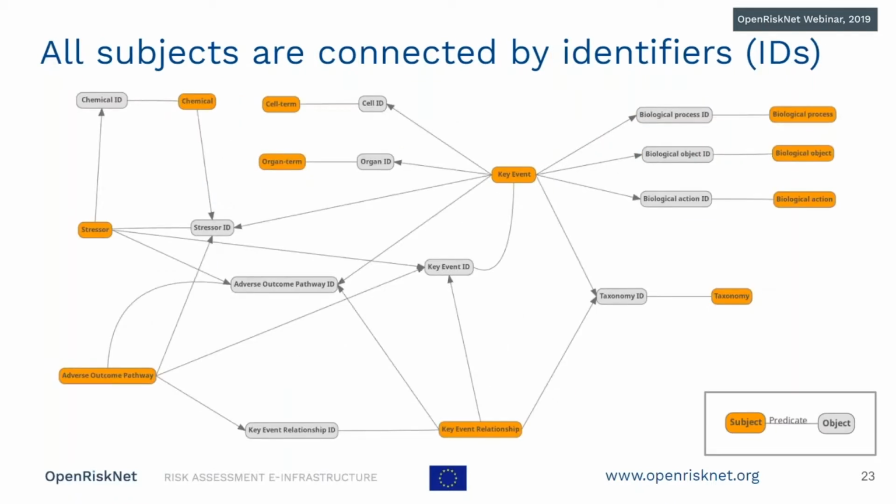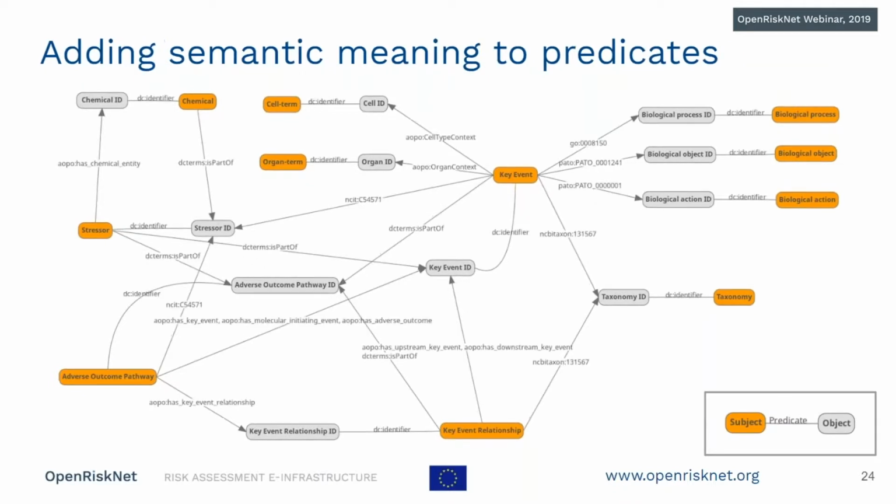And all of these objects are connected through identifiers. Some of them are internal, so invisible to the public, some of them have public identifiers, which are registered as persistent identifiers as well.